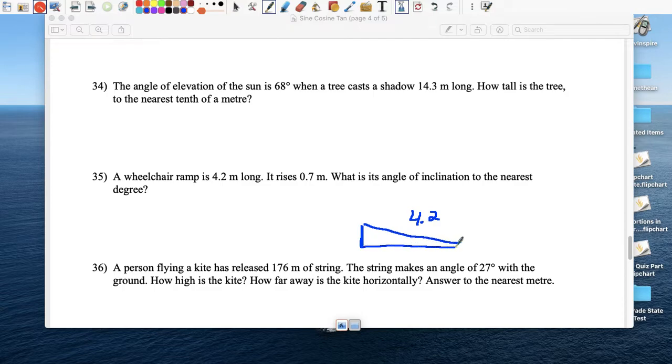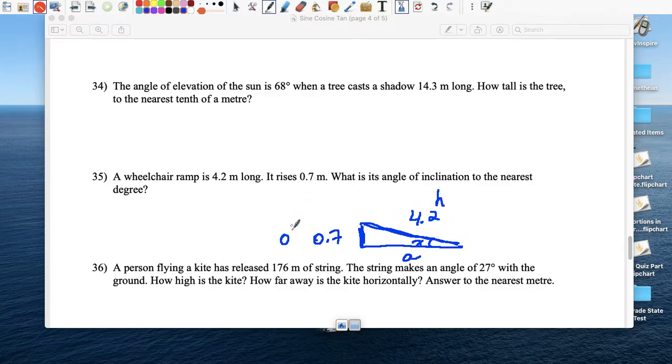It rises 0.7, so this would be 0.7 right here, the height. What is this angle? That's what we're looking for. Opposite that angle would be this one. This is your hypotenuse, and this is your adjacent.